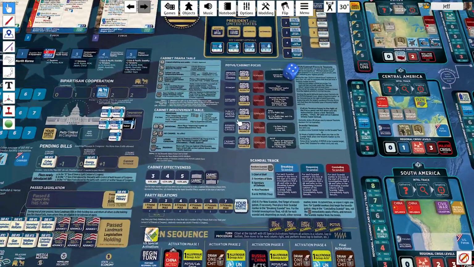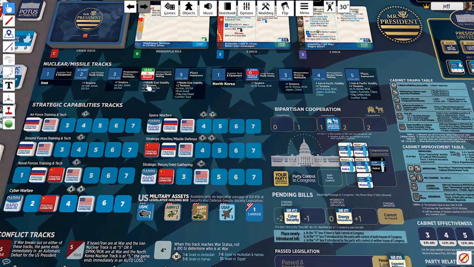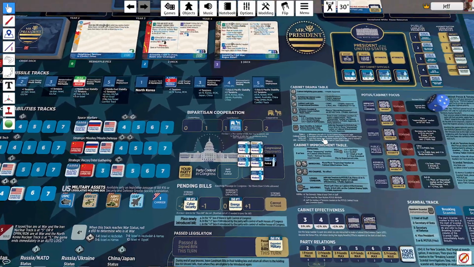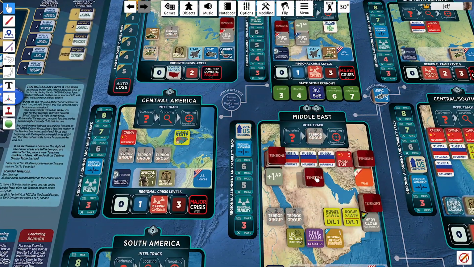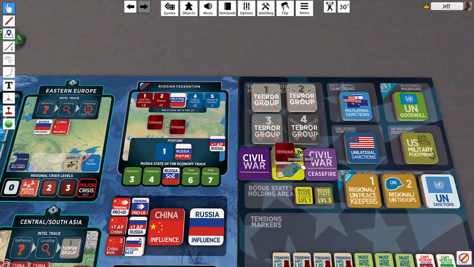The how many tensions here? 2 on Iran and Saudi Arabia, and 3 on Israel. So 1, 2, 3, 1, 2, 1, 2. So all those come off.